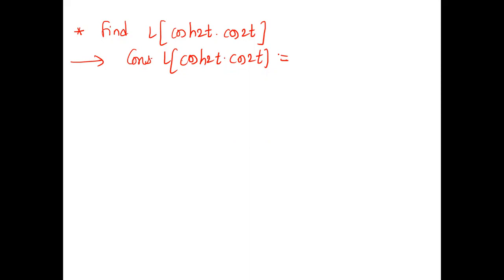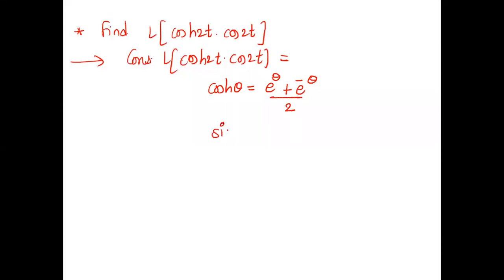So we have a formula for cos hyperbolic, if you remember. What is that formula? Cos hyperbolic x is e raised to x plus e raised to minus x upon 2. If you are writing in terms of theta, cos hyperbolic theta is e raised to theta plus e raised to minus theta upon 2.